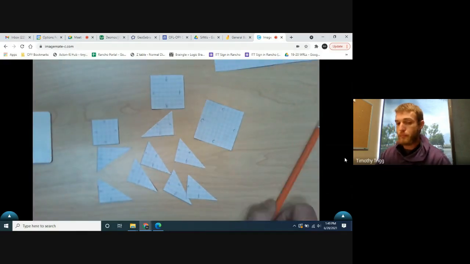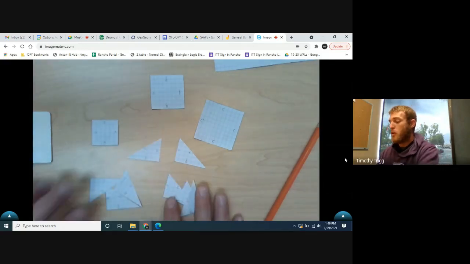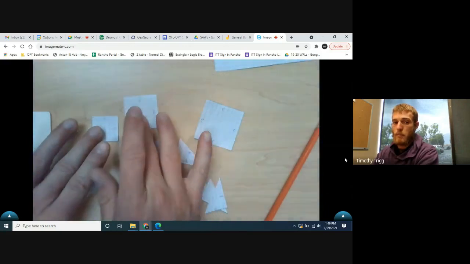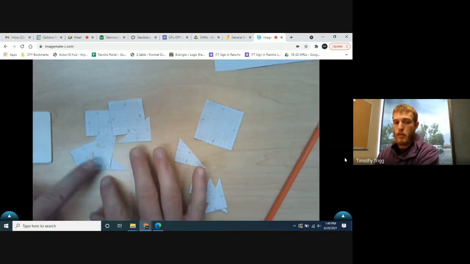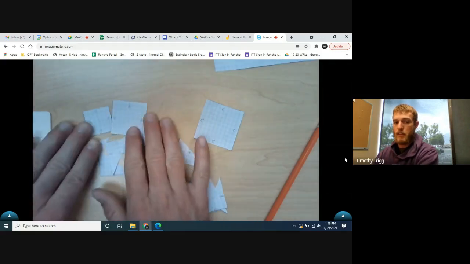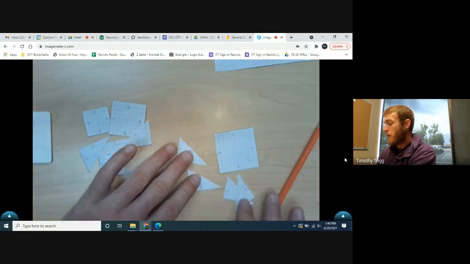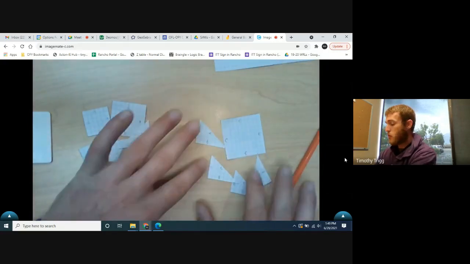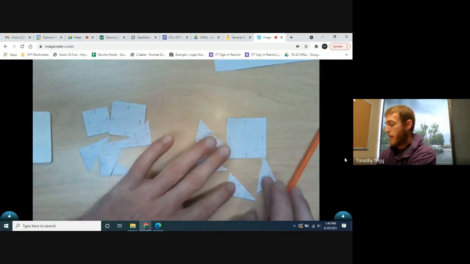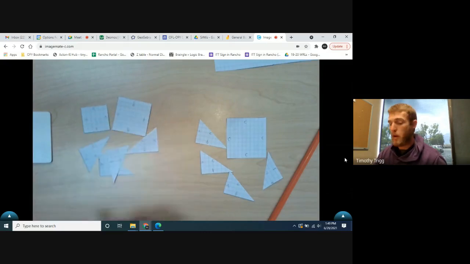All right. Now we're going to do a little bit of puzzling. We're going to take the A square and the B square and 4 of these right triangles and put them on the side here together. Then we're going to do the same over here with the C square and these 4 triangles. So I've got my 10 by 10 square and 4 congruent triangles, and my 2 smaller squares and 4 congruent triangles.